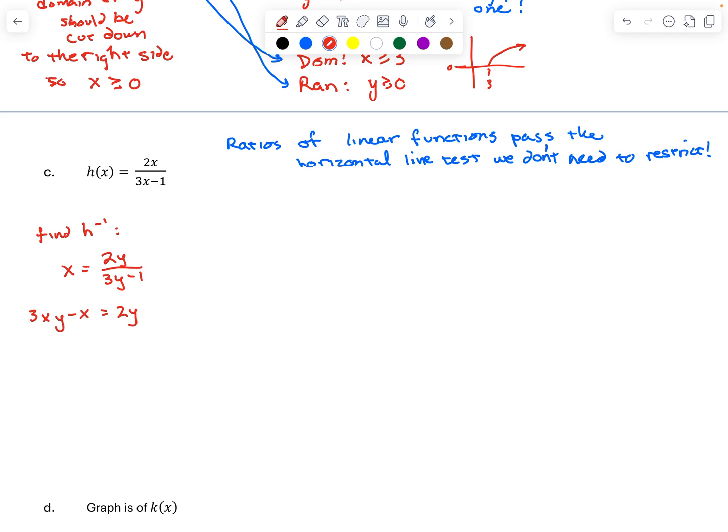We're moving the y terms together. So I need to move this x over and I need to move the 2y over. So I have, okay. Positive, x turns positive, 2y turns negative, factor out the y, and solve for it.